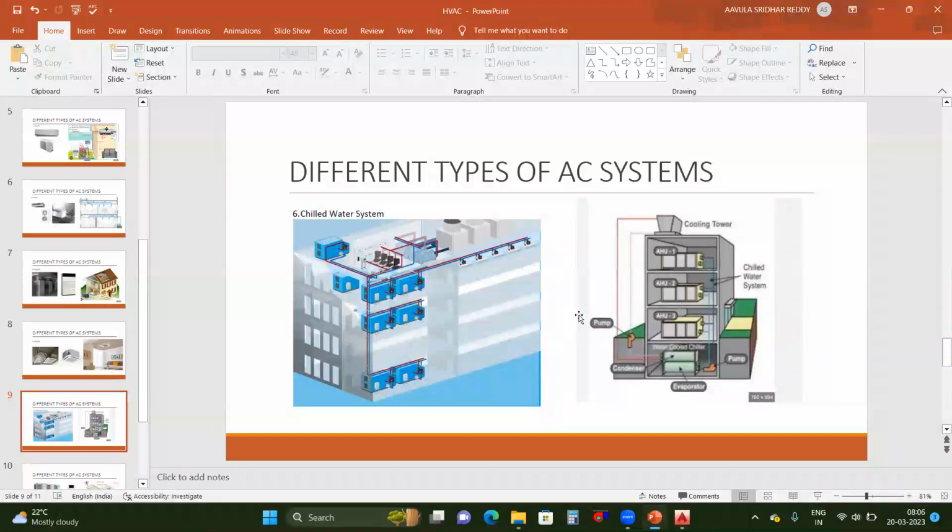For example, if you are designing for a high-rise building of 10 floors, you cannot go for single units. For each and every room, you cannot place one outdoor, one indoor, or small ductable units. The outdoor units would go beyond 200.